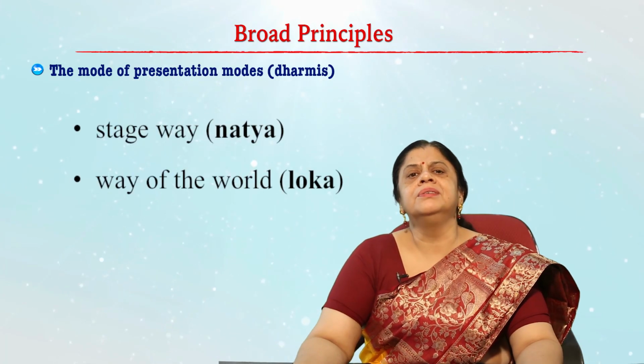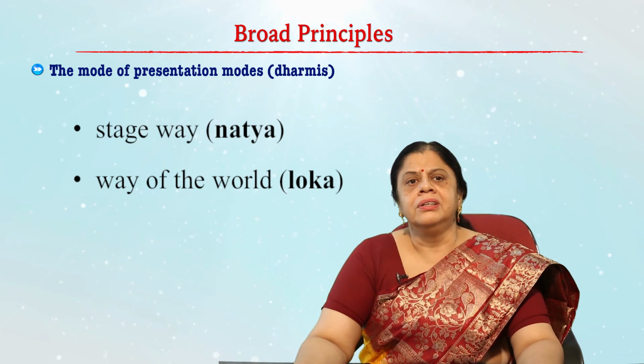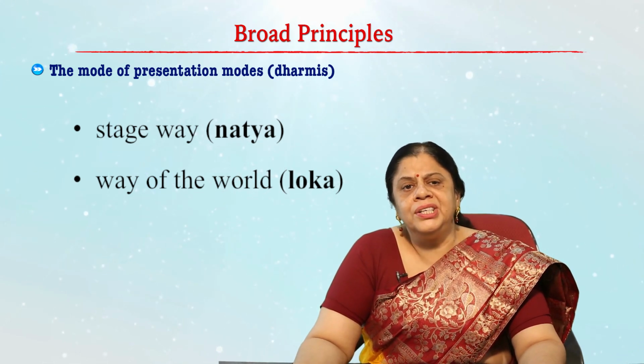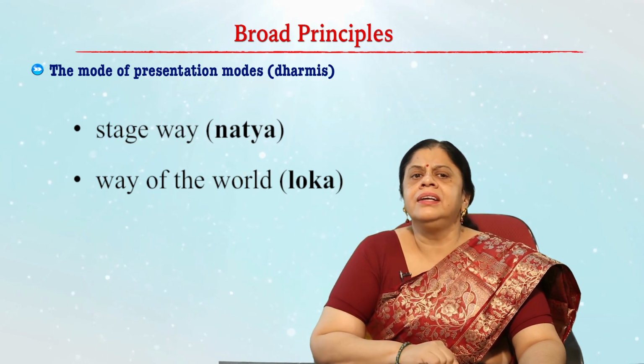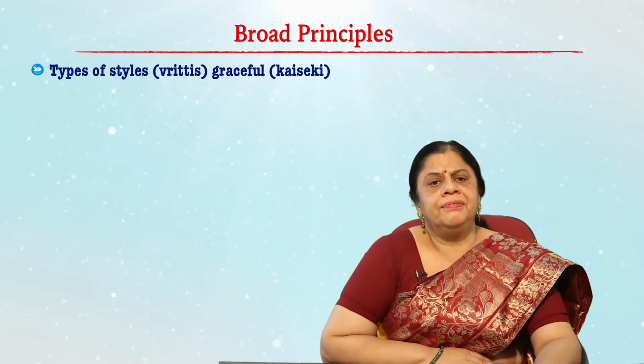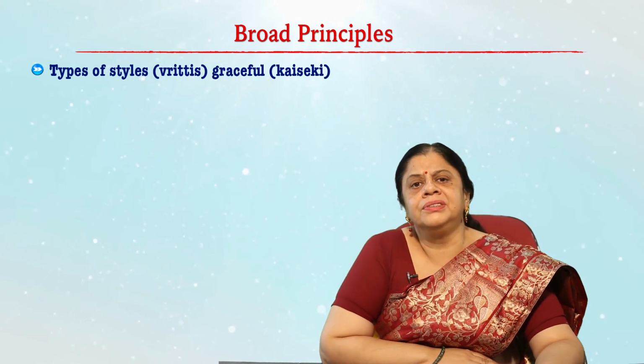So, learners, let us understand the broad principles that govern the structure of Indian dance. The first principle is the mode of presentation, which is in the form of dharmis: the stage way, natya, and the way of the world, which is known as loka. There are different types of styles which are known as vrittis.